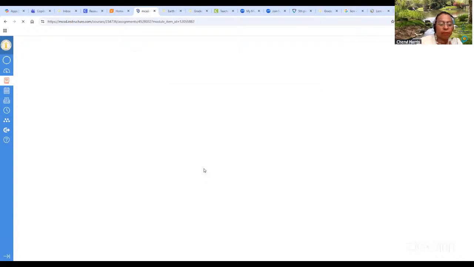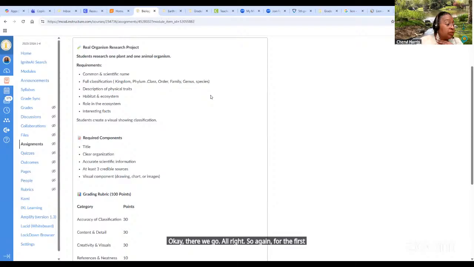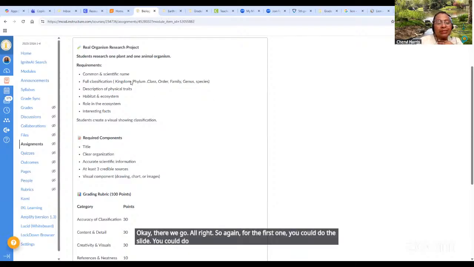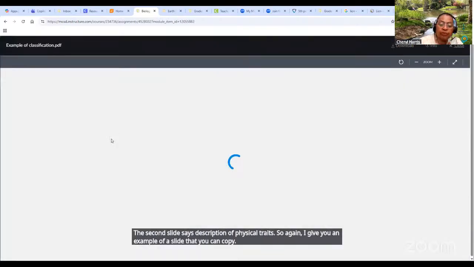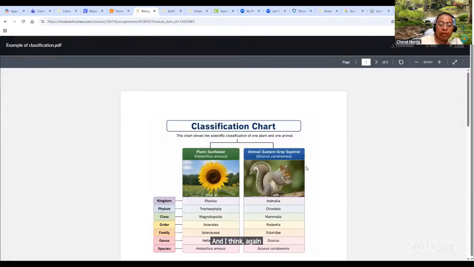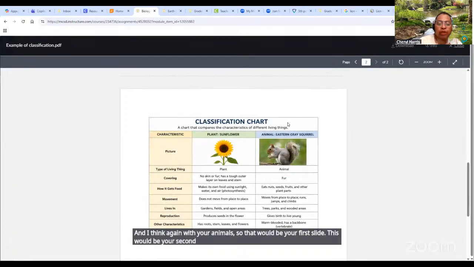Okay, there we go. All right, so again, for the first one, you can set it up exactly the way I had it set up. The second slide says description of physical traits. Again, I give you an example of a slide that you can copy with your own animal. So that would be your first slide, and this would be your second slide with your characteristics chart.